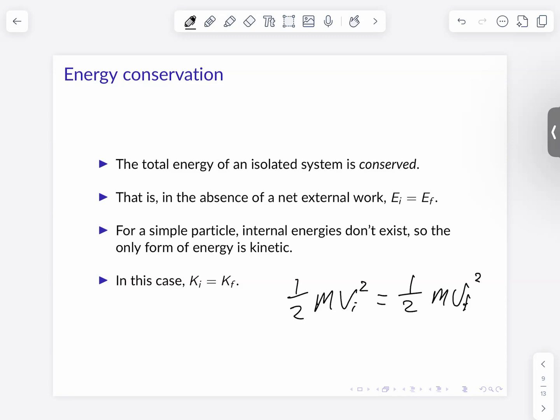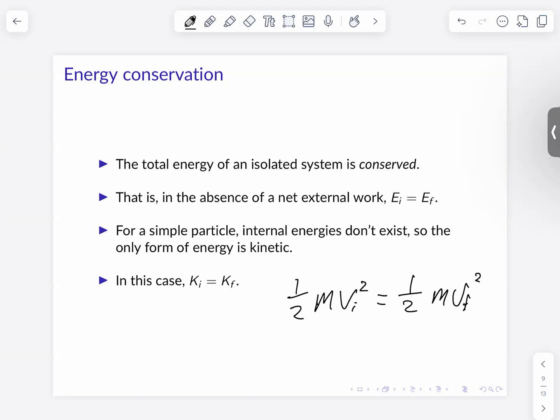For instance, if you've got a kid bouncing on a trampoline, if the bounce doesn't absorb energy, if the trampoline springs don't heat up, if they're very elastic, then the speed of the kid just before they strike the trampoline will be equal to the speed with which they leave. In lab, you will be playing around with carts.